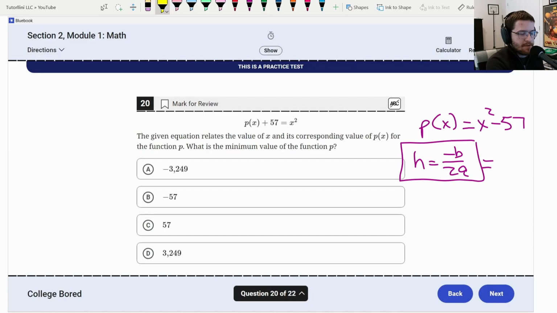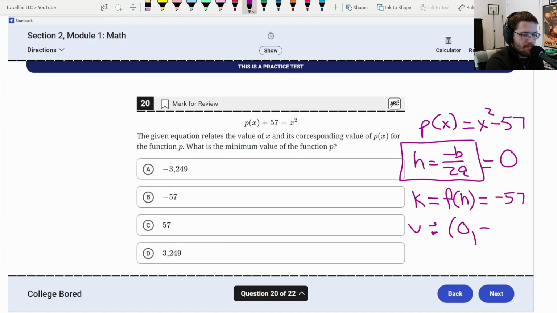You'll notice there's no x term, right? So b is just 0, and 0 divided by anything is 0. So h is just 0. And if you plug in 0, I suppose I should say p of h, but I'll write f of h. If you plug in 0, you get negative 57. So the vertex is 0, negative 57.